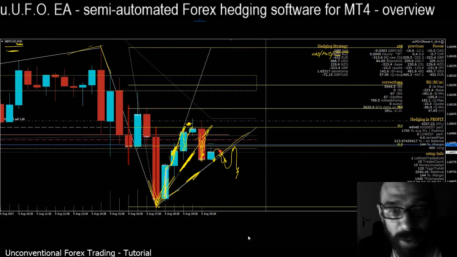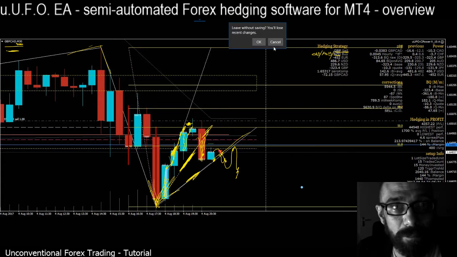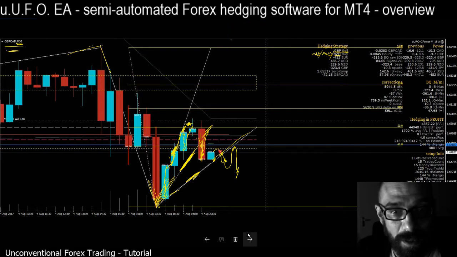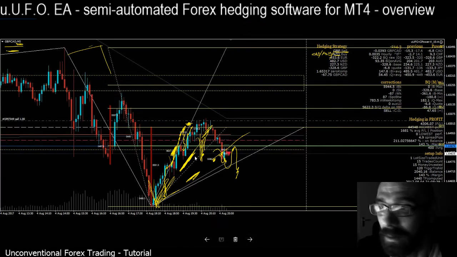So if I go to the next chart, here we have 5 minutes, and you see it is the same movement of the price described with candles, but in reality we have a more precise projection of the lines and how the price is behaving.